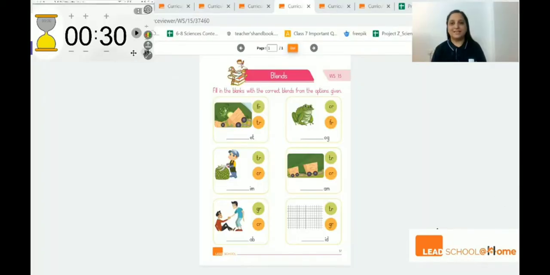Parents, today in phonics, we are going to do a worksheet. Parents, please open WS15 in your workbook. I am giving you 30 seconds to open WS15 in your workbook.